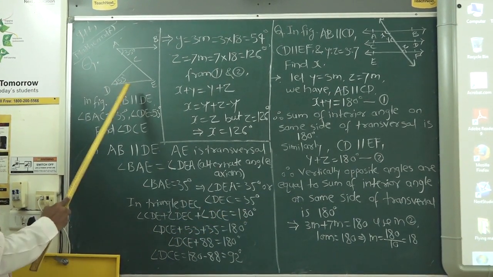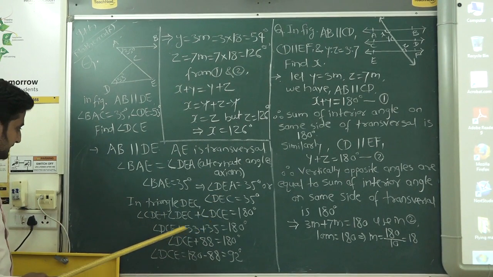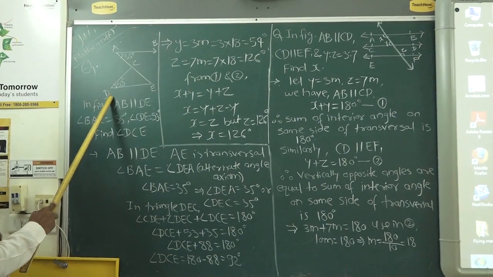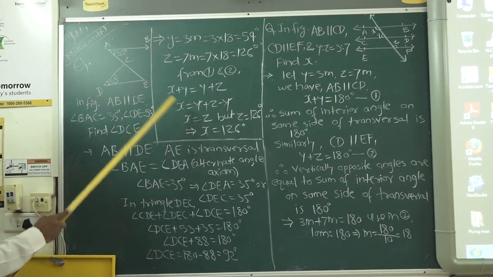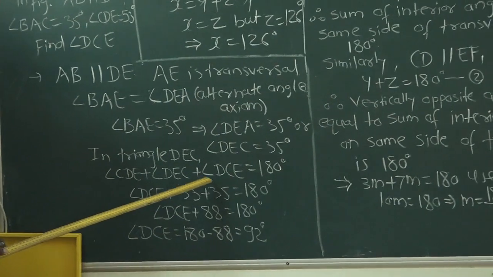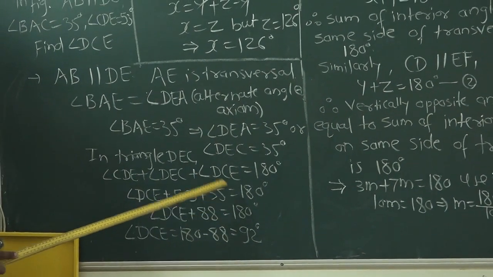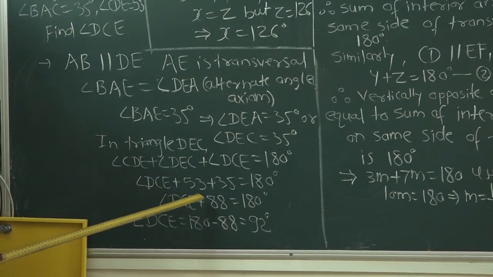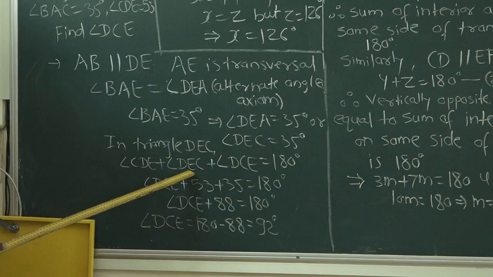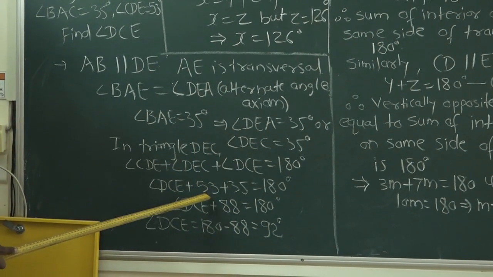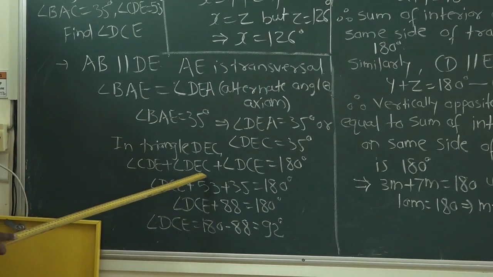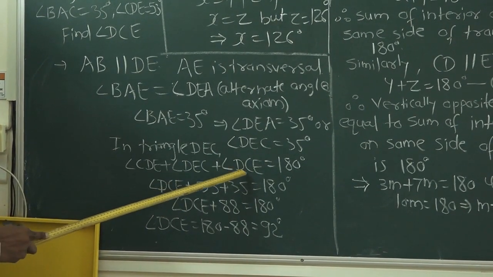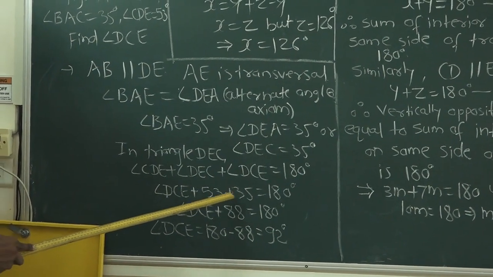Angle DCE we don't know, that we are going to find. Angle DEC we have just calculated, that is 35 degree, and one more angle CDE is 53 degree, right? So we are putting in the values that we have calculated so far.